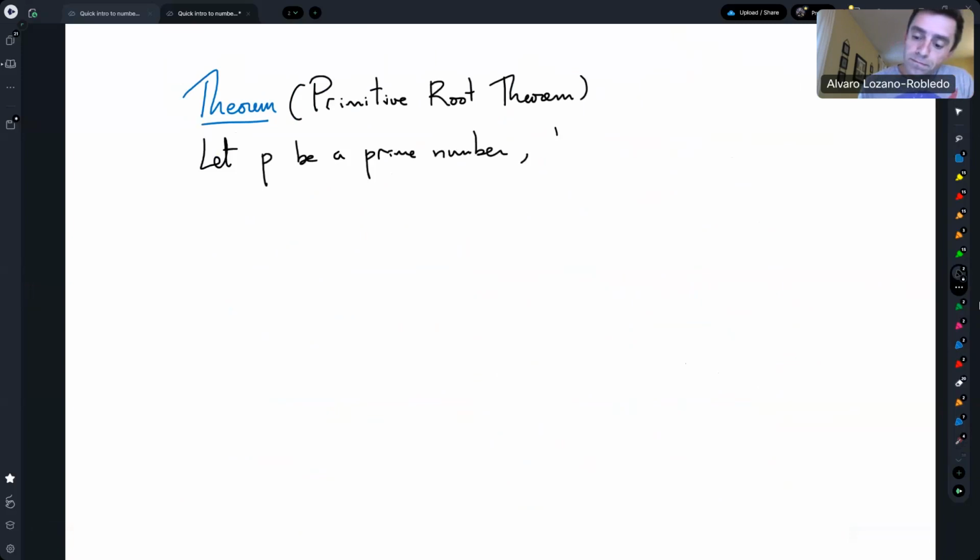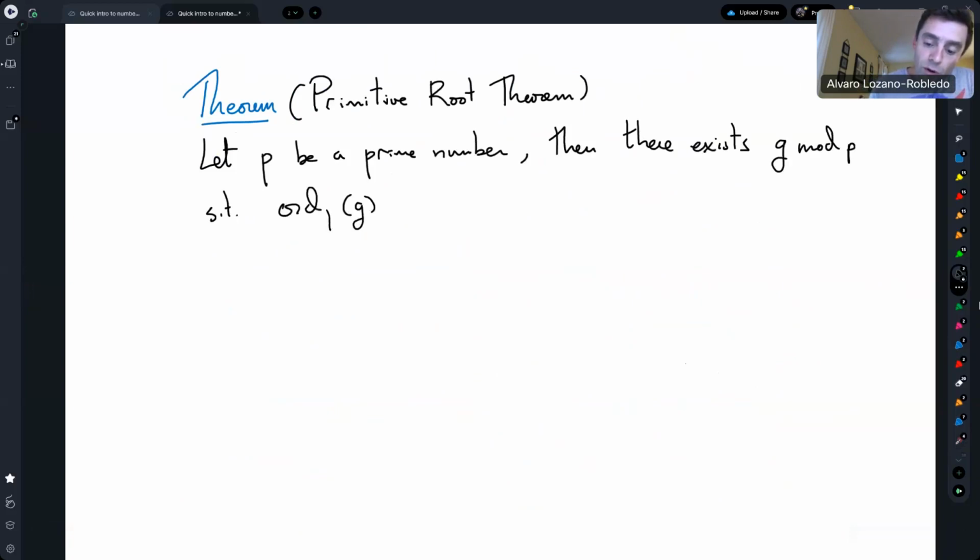Then there exists a class g modulo p such that the order modulo p of g is p minus 1, i.e. g modulo p is a primitive root.